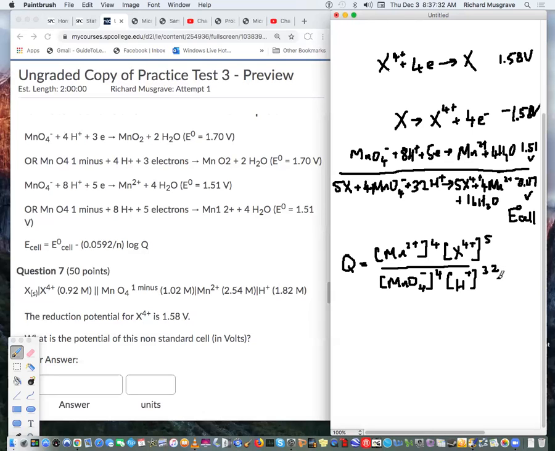Okay, I'm going to stop there for a second. Nilüfer, do you see what I've done so far? Yeah. Okay. So then what we do is we substitute all those different values in there to get a Q value, and then apply the Nernst equation, which is given here.